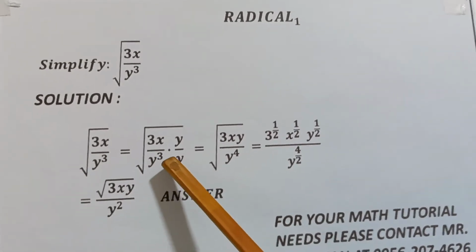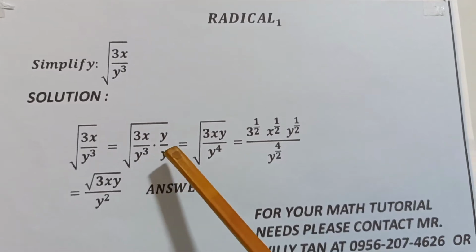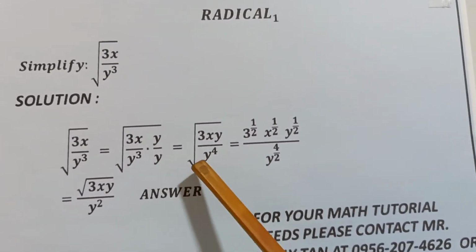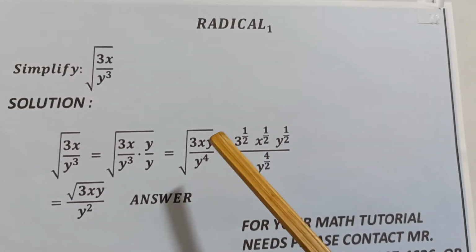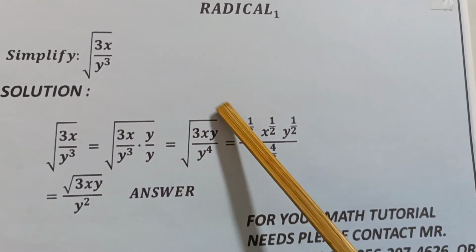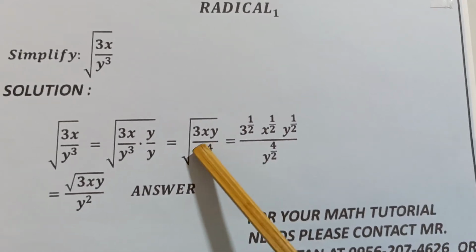No, we just need to add the exponents of y cubed and y, which is 1. No? 3 plus 1 is equal to 4, no? Y to the fourth. After which we're going to transform all of these radicals here into exponential form, no?